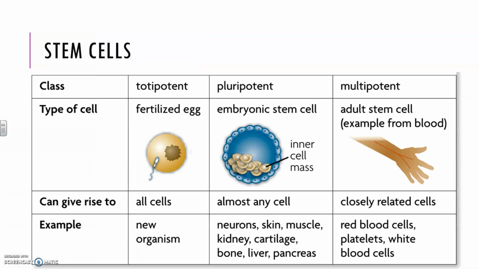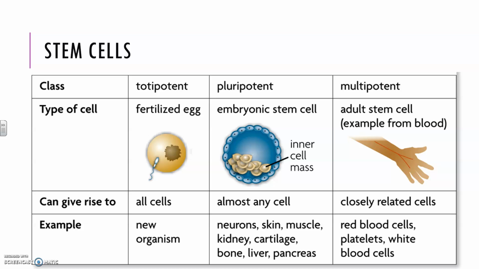So to break it all down here, we have totipotent, which is your fertilized egg. Again, it's pretty much just one cell, but it gives rise to all other types of cells, and it is a new organism. Okay, so when we talk about research, we're generally not talking about a totipotent because it's just a single cell. So it's difficult to work with just one cell.